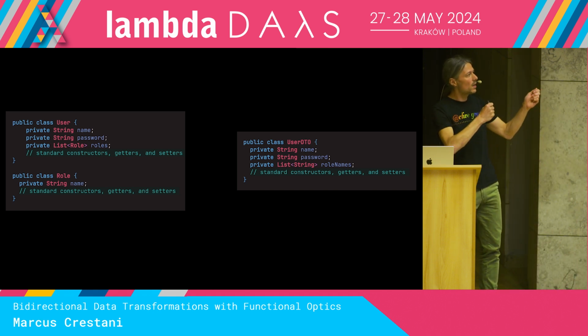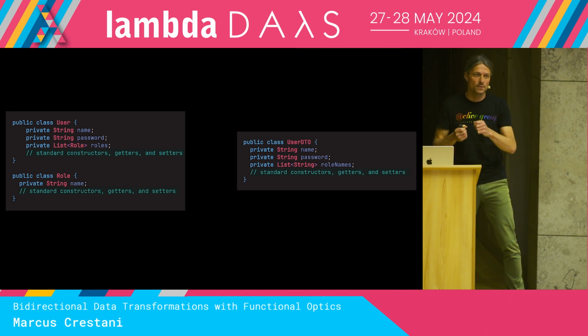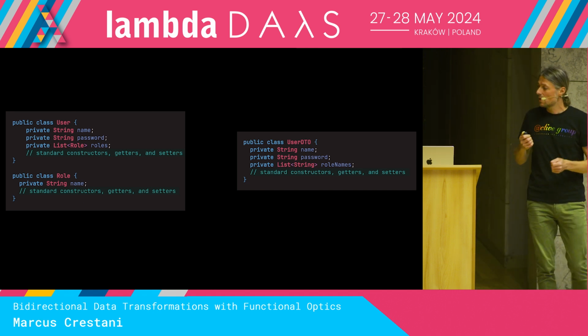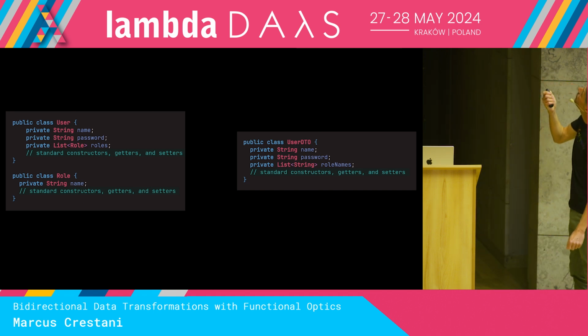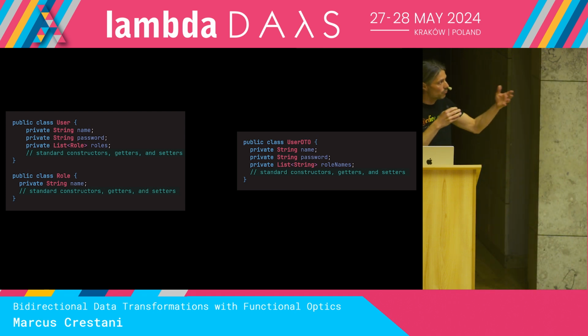In our DTO, we pack together the user with the roles. And we represent the roles as a list of strings instead of a list of role domain objects. So this matches the idea to reduce the round trips.